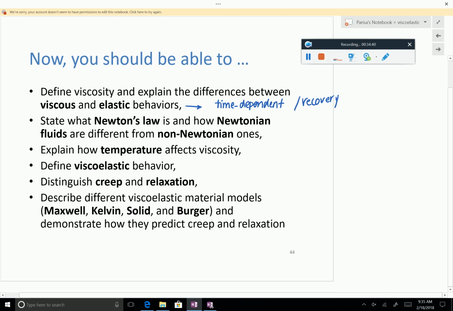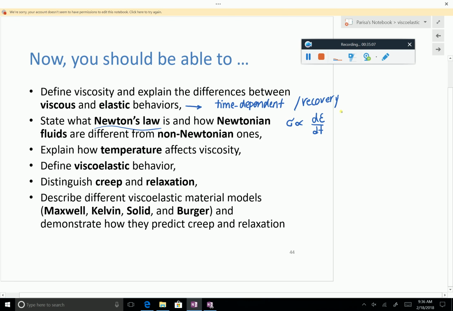We learned about Newton's law, and we learned that in Newtonian fluids the stress and strain rate are proportional. So in elastic materials, stress and strain are proportional. In Newtonian materials we have stress and strain rate proportional.